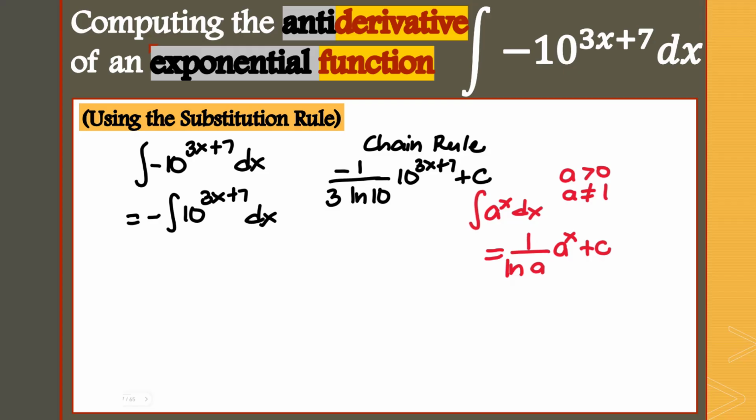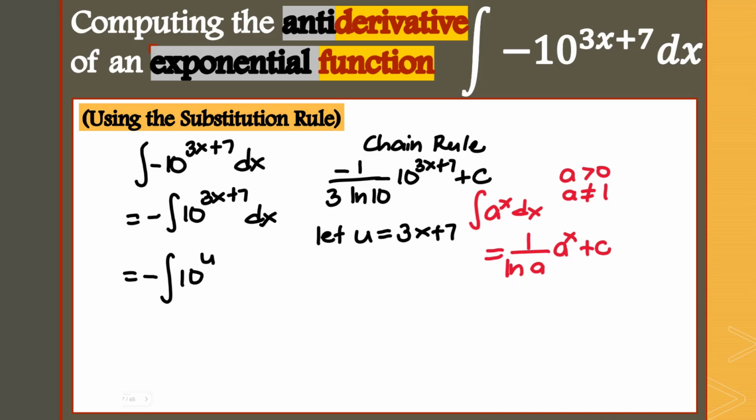If that is true, we can use the substitution rule by letting u be equal to the exponent of our base 10. We have here 3x plus 7, thereby making this negative times the integral of 10 to the power of u. But your dx would then be expressed in terms of u.